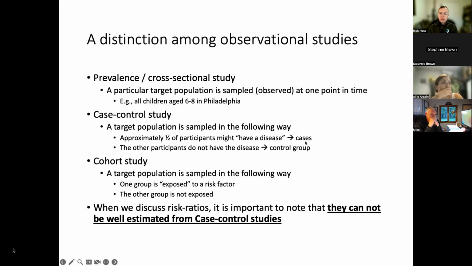In a case control study, we manipulate how many cases there are. And so that ends up meaning, and we'll read more about this, that the risk ratio, which we'll define in a little bit, cannot be adequately estimated from a case control study. It's going to be biased. It's going to be wrong.